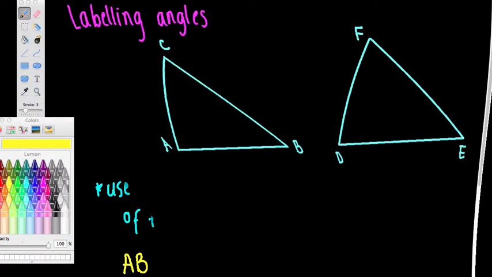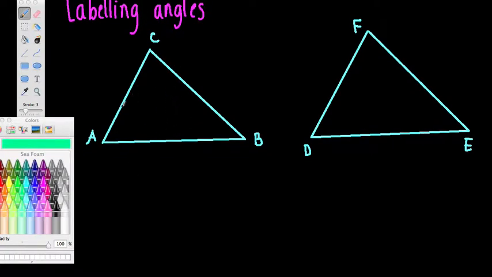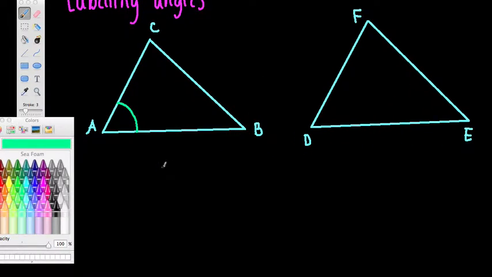Moving along, labeling angles. Again, you've done this before, so this is just a little bit of a review. If I wanted to label this angle here, what I would do is use these letters that are given on the triangle. The symbol that we use for angle looks like that.